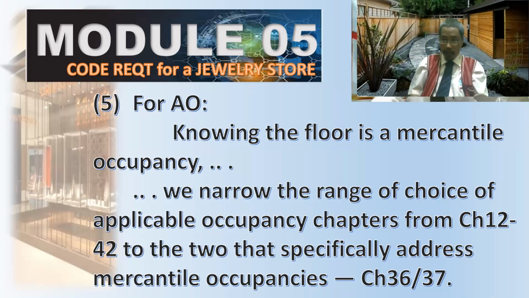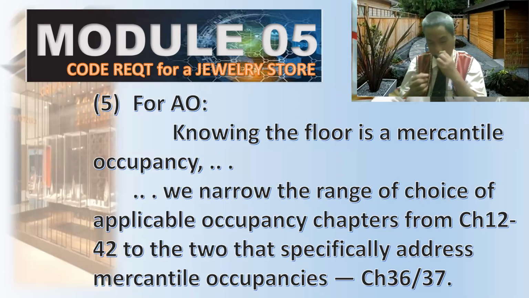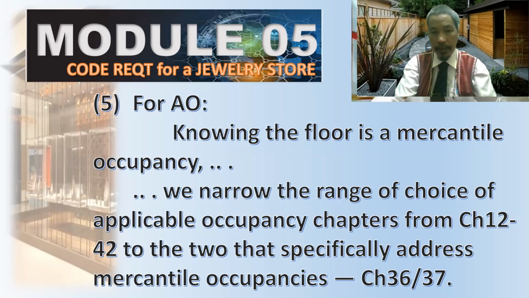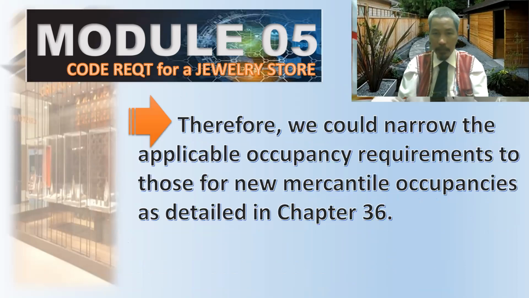So we already know that we are only dealing with chapter 36 and 37, respectively for what? New and existing installation. Okay. Therefore, we could narrow the applicable occupancy requirements to those for new mercantile occupancy. And because we are able to determine that our application is new, therefore only chapter 36.